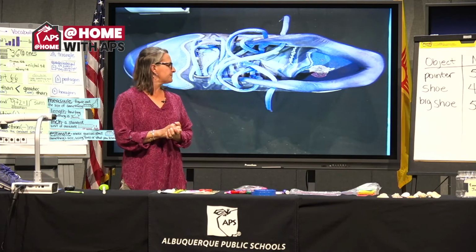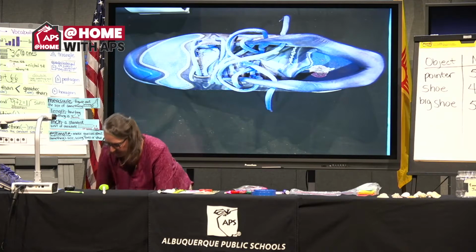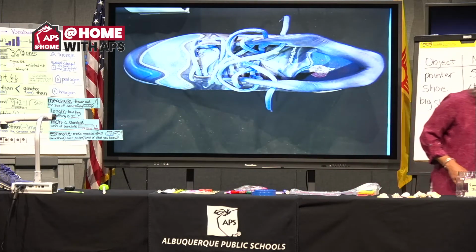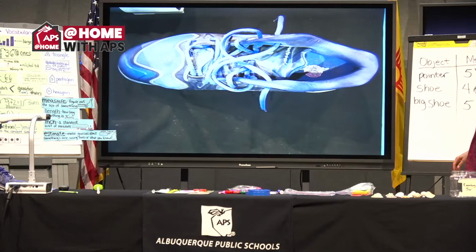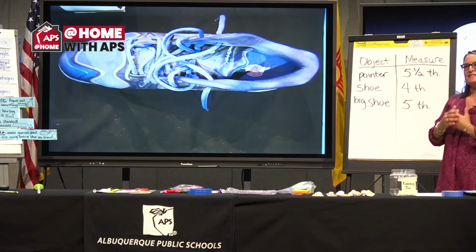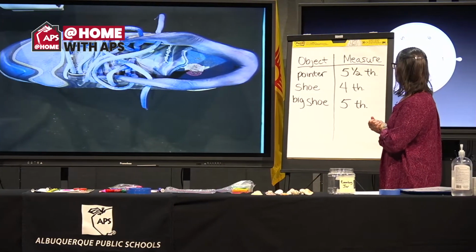And I wonder also if you might think about making things larger or smaller when we measure. What if I needed a pointer that was longer than this pointer, that was 8.5 thumbs long?